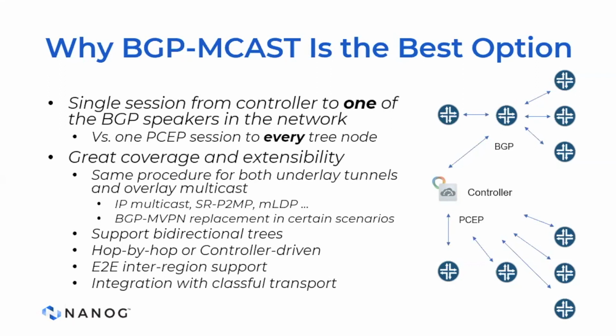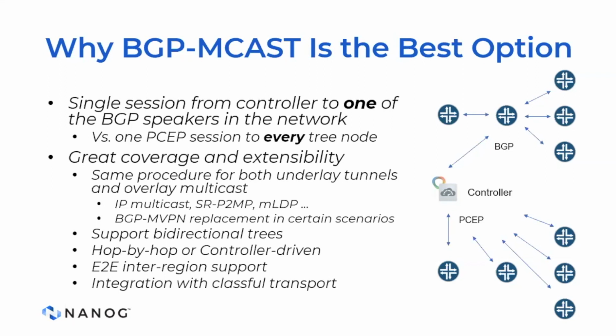As you already see, we are using the same BGP-MCAST signaling procedures and encoding to signal both IP multicast tree, SR P2MP tunnel, MLDP tunnel, or possible future extensions. And in some cases, we can even use this BGP-MCAST to replace BGP-MVPN in some scenarios. And this same procedure can be used for both underlay tunnel signaling and overlay multicast tree setup.